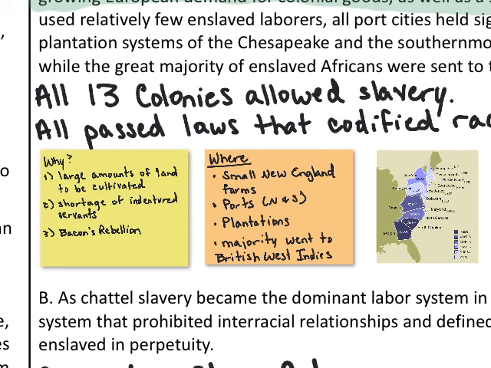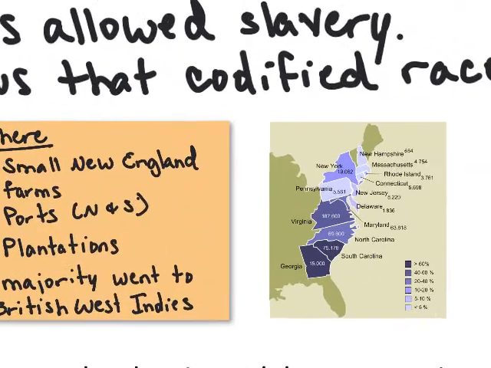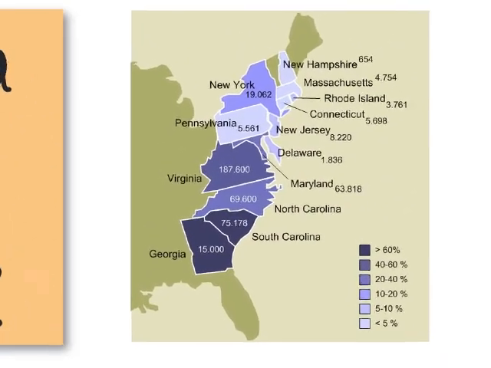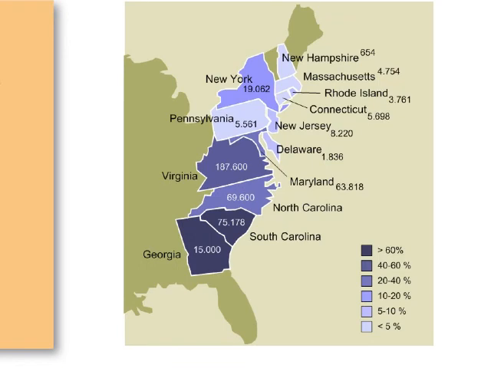A smaller percentage came to the colonies to work primarily in the South, but again with a few in the North.